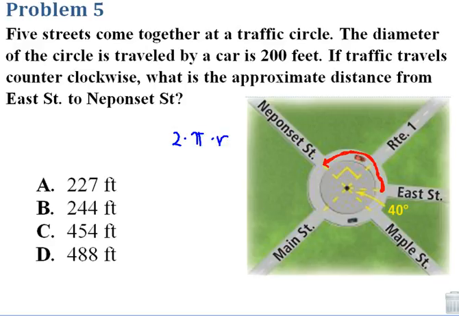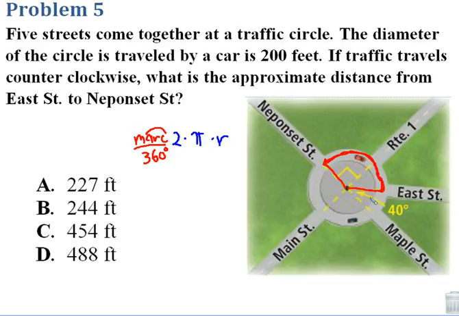With an arc length, what we added in was we looked at the measure of the arc in degrees divided by 360. That's going to give us the fraction or the percentage of the circle we're dealing with of the entire circumference.